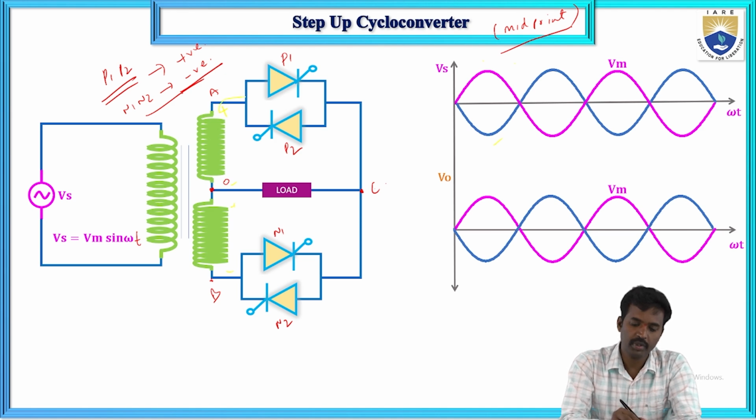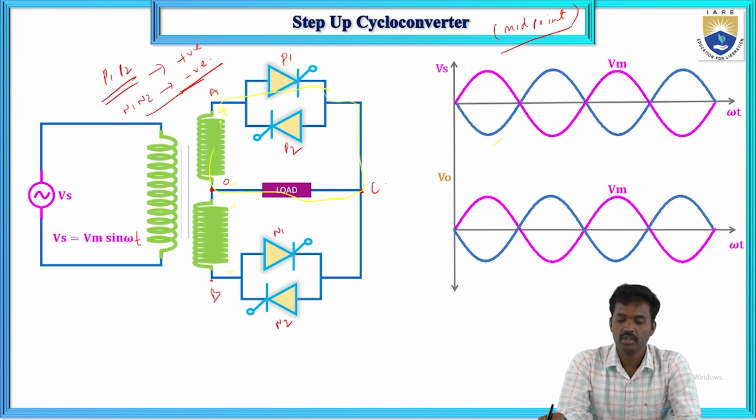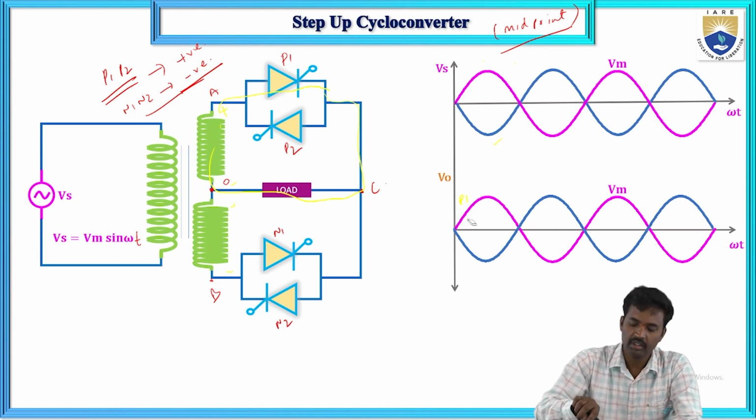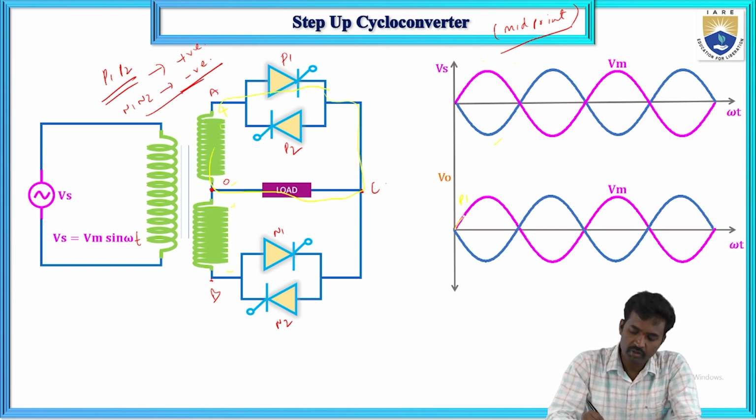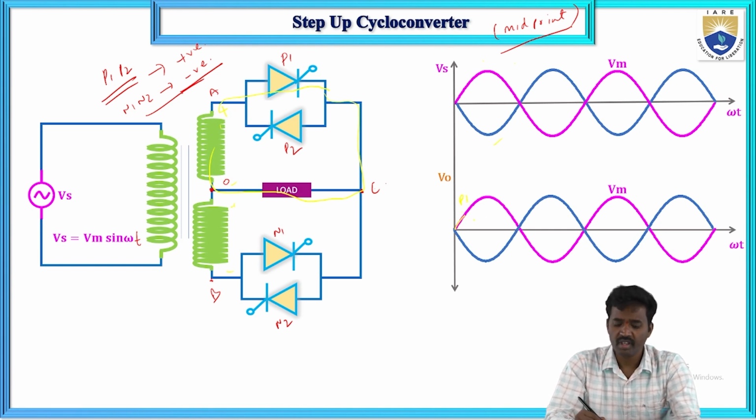P1 conducts from A through to P, and next C, and again through the load it comes back to the load. So the P1 switch will conduct.